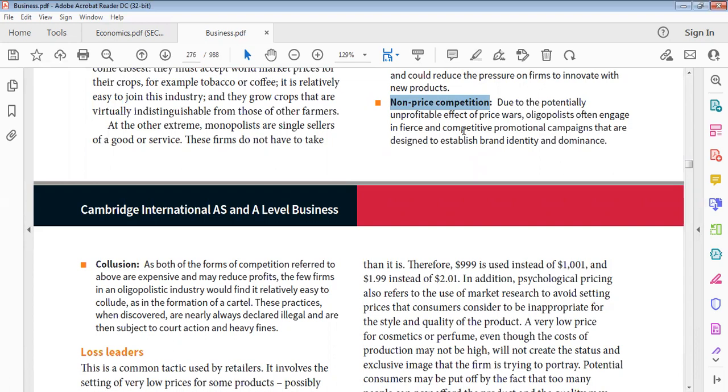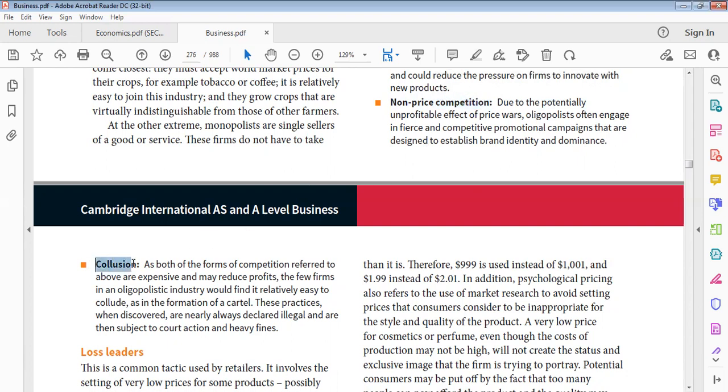So I'll keep the price the same, but I'll increase the quality of my product. You're not declaring a war on price, but focusing on quality or other promotional strategies to get more customers.